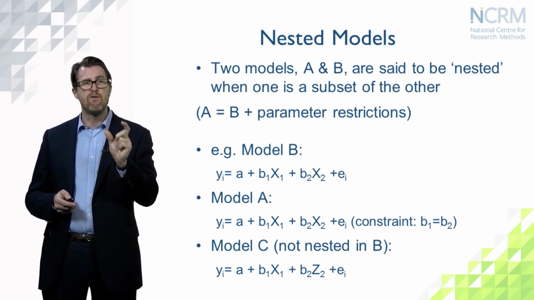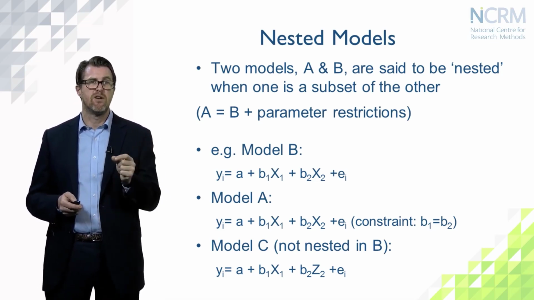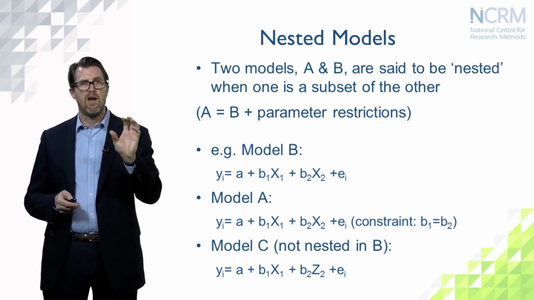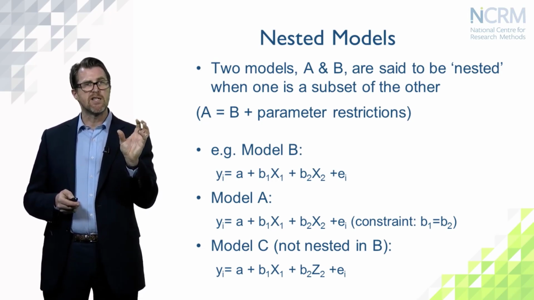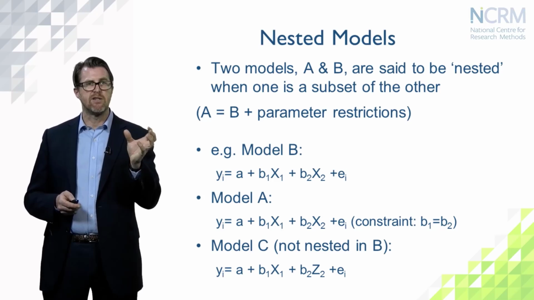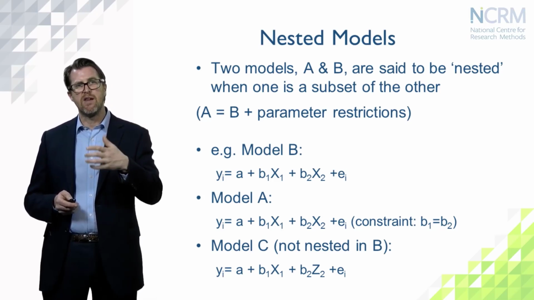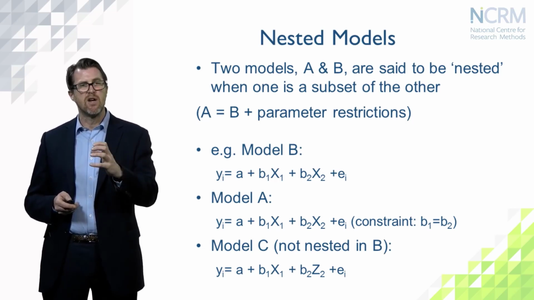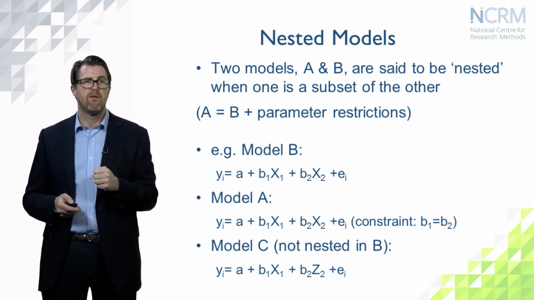It has a new variable z which is not in model B. So these are, if you like, apple and pear models. We can't really in any sensible way make comparisons between the fit of model B and of model C because they include different variables.